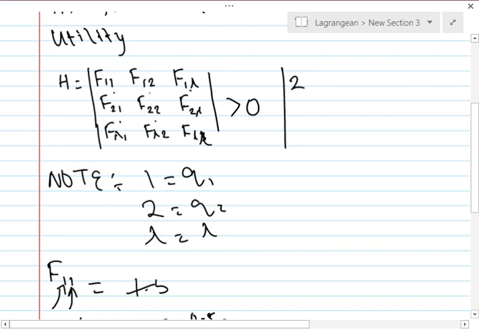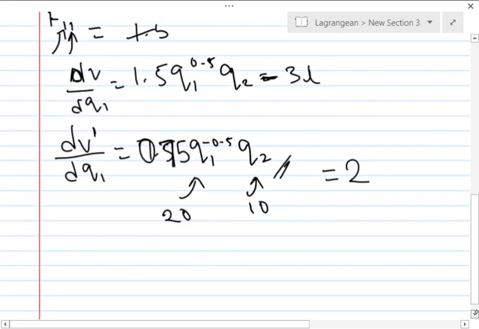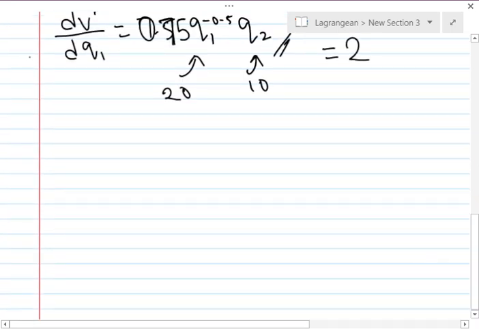So the next one is F12. Okay, in this one we're going to get the first order condition of Q1, and derive it again with respect to what? Q2. Remember I said your 2 is what? Q2.